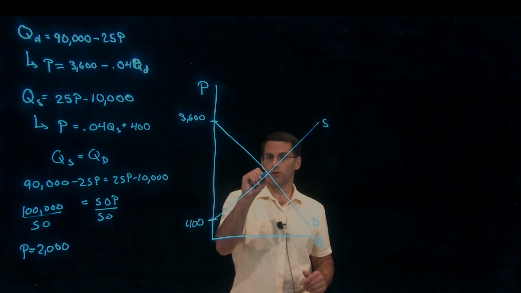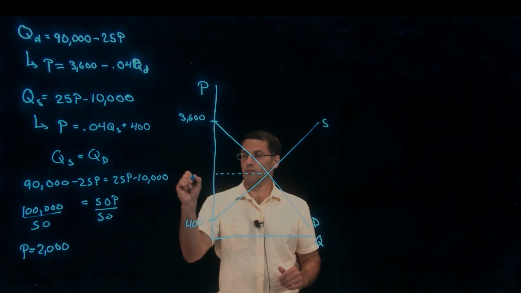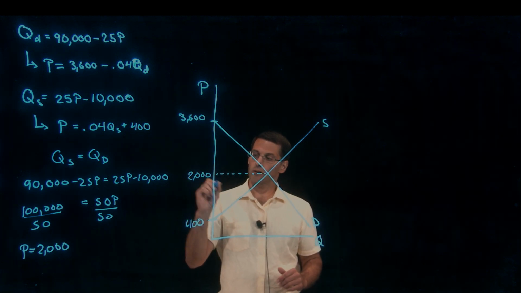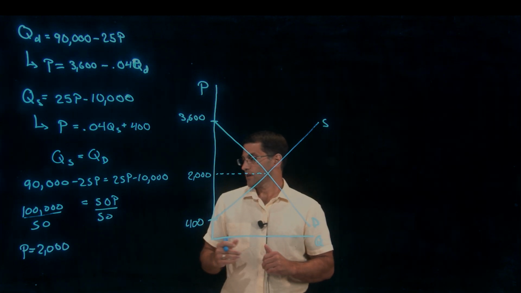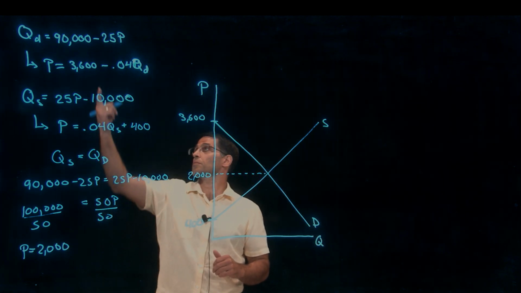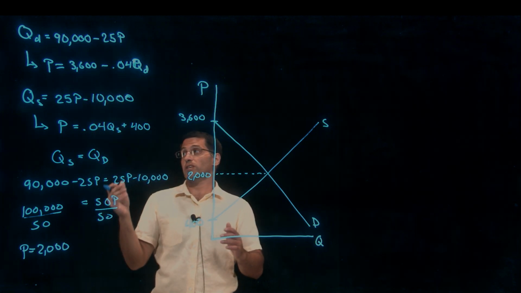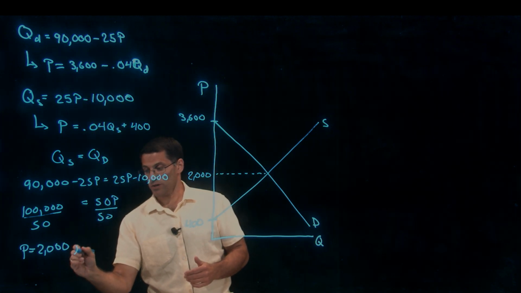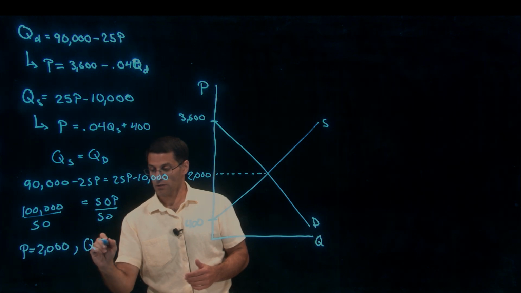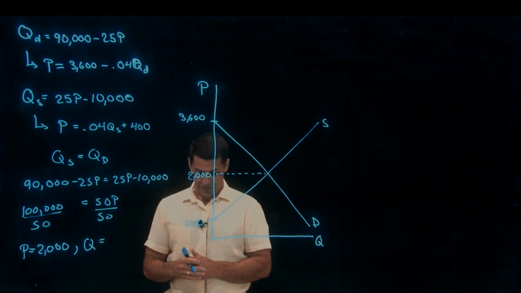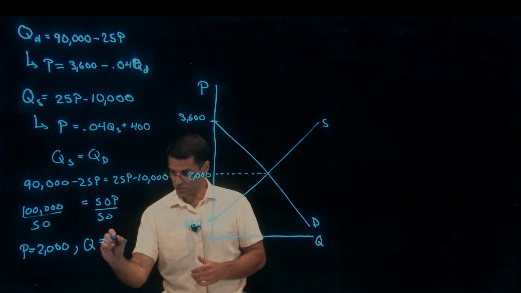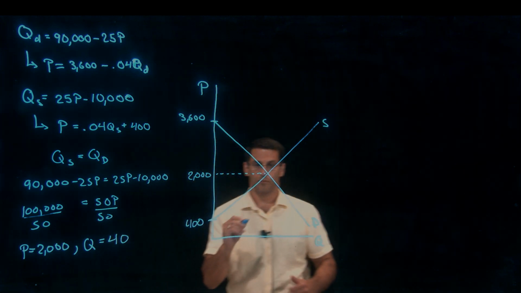All right, and so that is our equilibrium here, 2,000. Then I can take that price and plug it back into either equation, and I should get the same answer. So if you plug it into either the supply or the demand function, you will find that quantity is equal to 40.